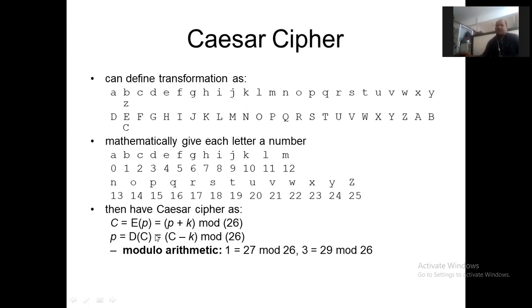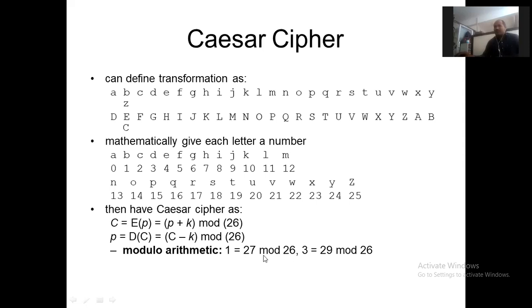C = E(P) = (P + K) mod 26. What is C here? C is the ciphertext. E is the encryption of P, where P is the plain text. E(P) = (P + K) mod 26. And P = D(C) = (C - K) mod 26. This is the modular arithmetic. Suppose 1 = 27 mod 26.